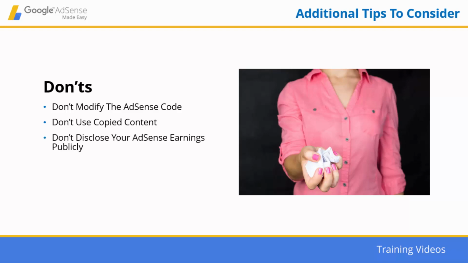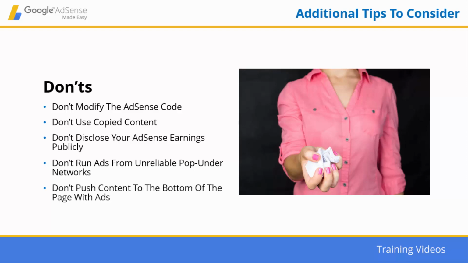Don't disclose your AdSense earnings publicly. It is strictly forbidden by Google to disclose your AdSense earnings to third parties, so make sure you don't brag or write about them. Don't run ads from unreliable pop-under networks. While not against Google policies, running ads on your site from additional ad networks has its risks, as most of these networks either allow their ads to run on sites that violate Google's content guidelines or that include malware or spyware on their ads.